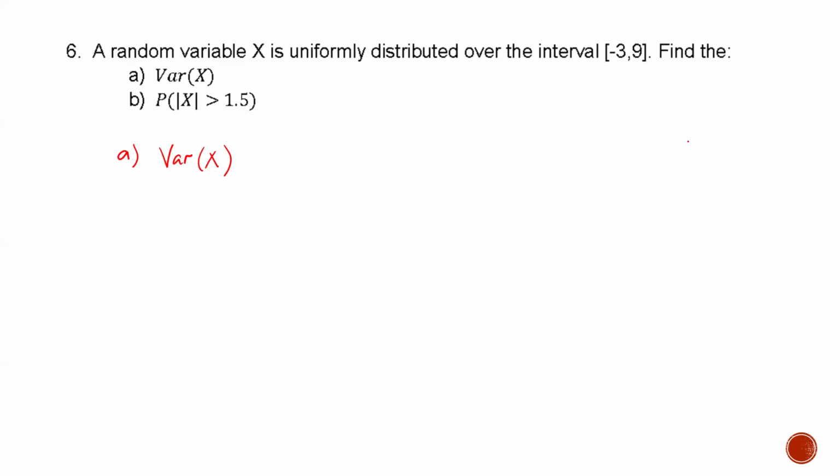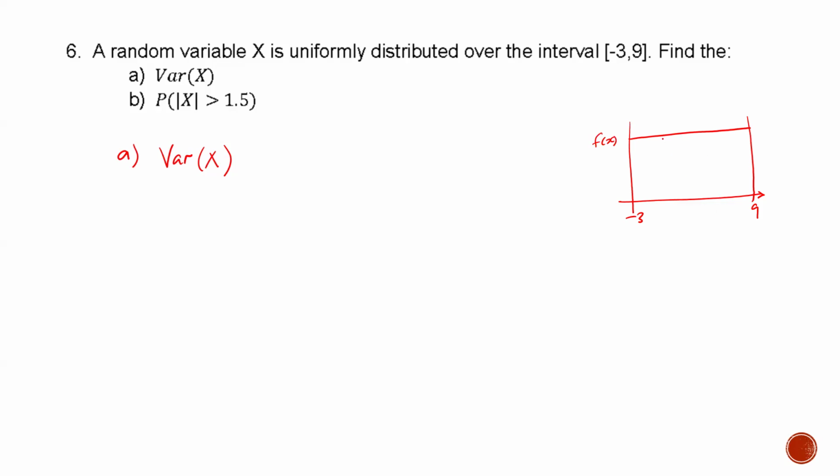And I like to represent it as a graph. If we represent this as a graph, we'll see that this being the x-axis, if this point is -3 and this is 9, this is the distribution, like this is the probability, yeah? This is the f of x.